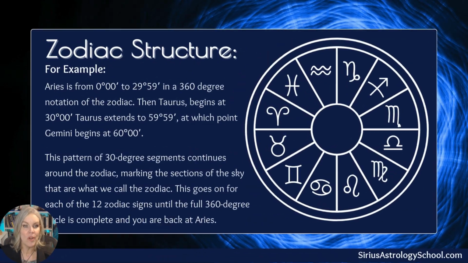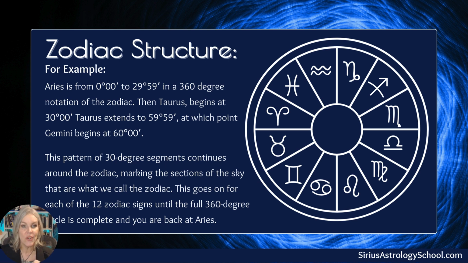So a little bit more about understanding the zodiac structure for 360 degrees. This is helpful to remember. Aries starts at 0 degrees and 0 minutes to 29 degrees and 59 minutes of the zodiac. And then at the 30-degree mark is when Taurus begins.